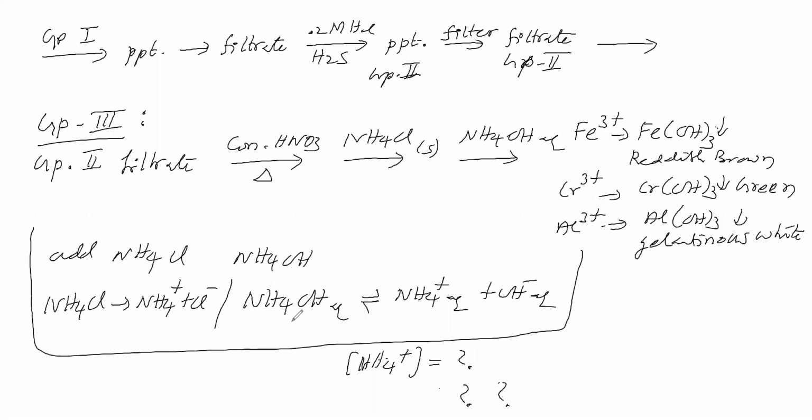That is, the ammonium ion concentration is so and so due to ammonium hydroxide, and so and so due to ammonium chloride. Or is the concentration of ammonium ion only one value? What do you think?